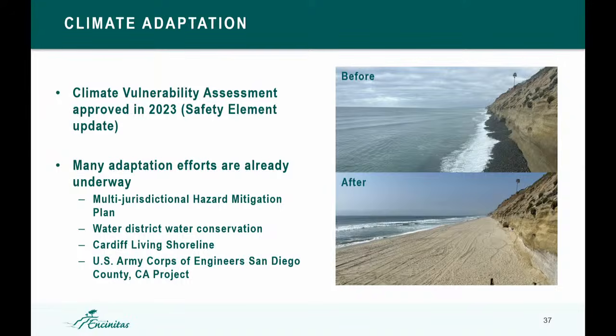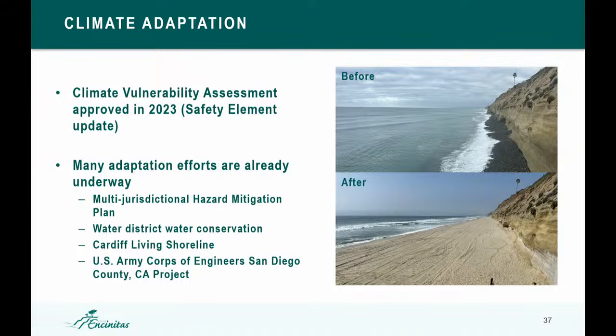We also have some physical projects that we implement along our shoreline to protect from high intensity storms and to bolster the shoreline so that we can limit bluff erosion from those large storm impacts. Those include our Cardiff Living Shoreline and our largest sand replenishment project, which is the U.S. Army Corps of Engineers San Diego County, California project, which is its official name.